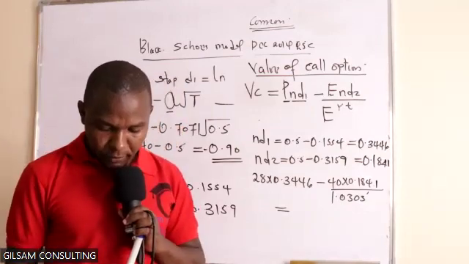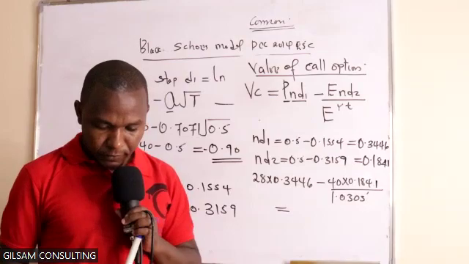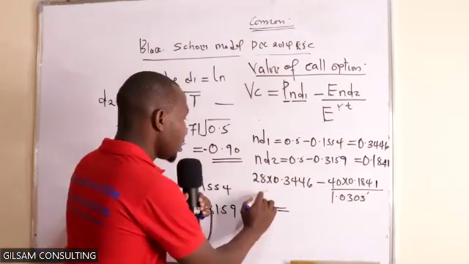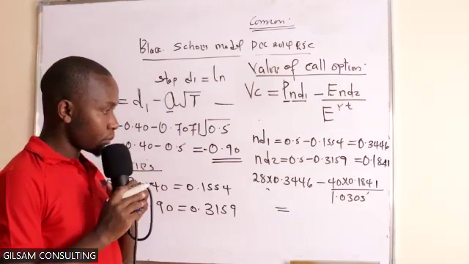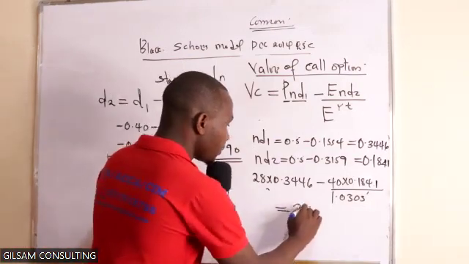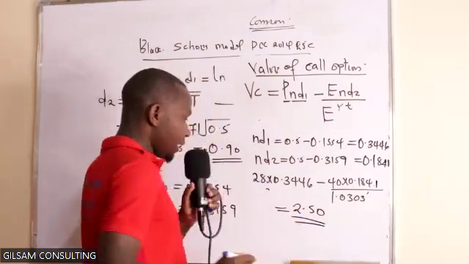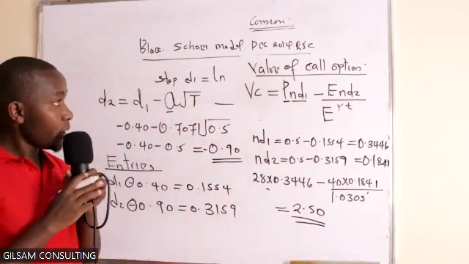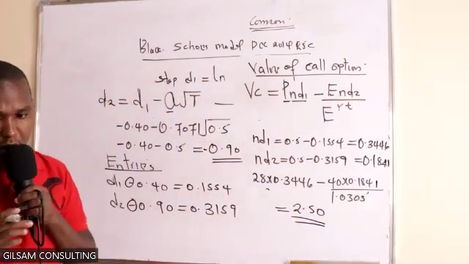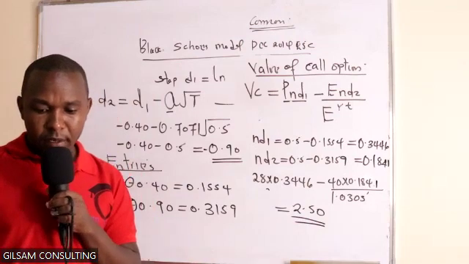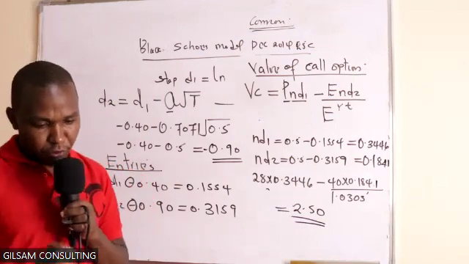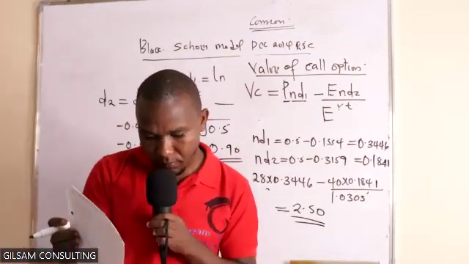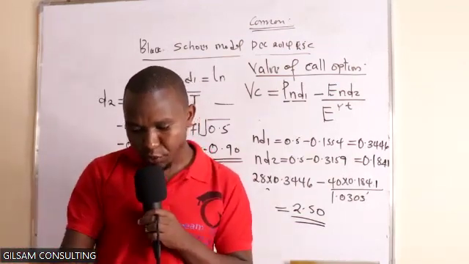So get 28 times 0.3446. The final answer? 2.5028. 2.50 something. So that is the value of what? The call option. But the examiner was asking the value of call option or the value of put option? Call option. The call option. So that is the answer.